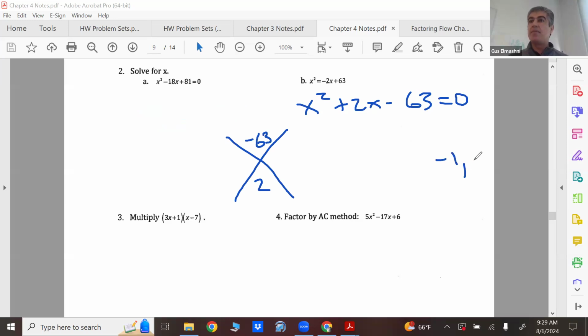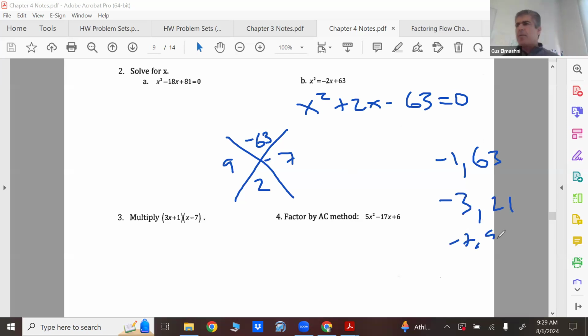There's -1 and 63. Yeah, you got it, Emma? Good, yes. And one's got to be negative. Good. Yeah, I mean, you can't divide by 2. So if you can't divide by 2, you can't divide by any even number. So forget about it. But you could do -3 and 21, you're getting warmer. And then -7 and 9, you hit it.